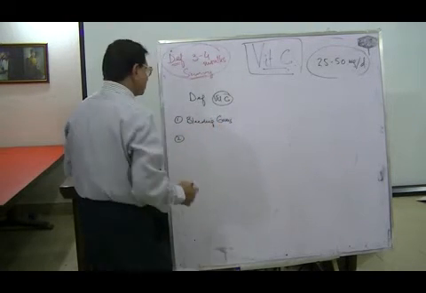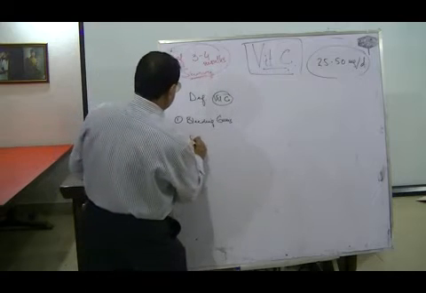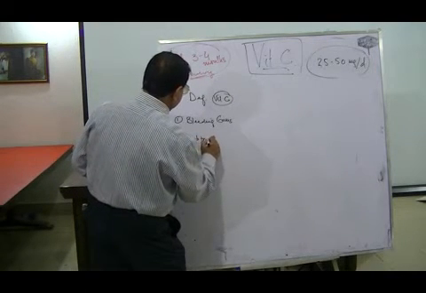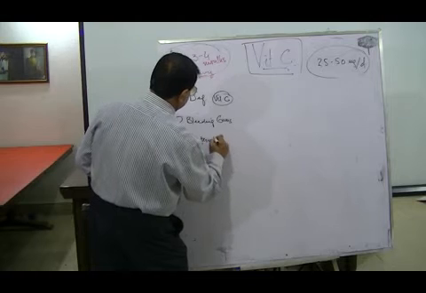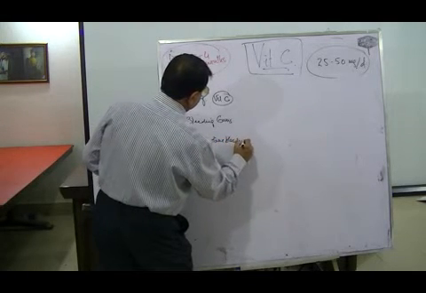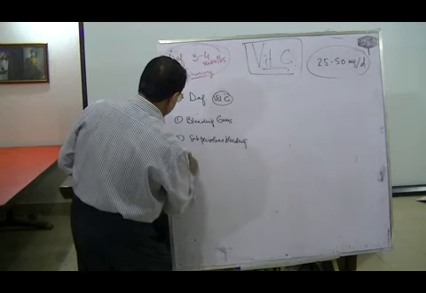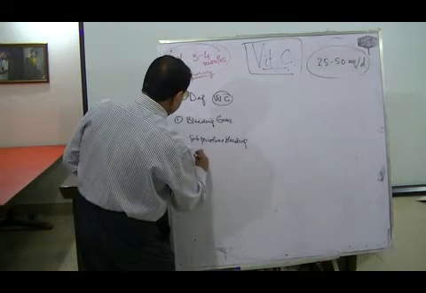Number 2, subperiosteal bleeding. Number 3, bleeding in joints.